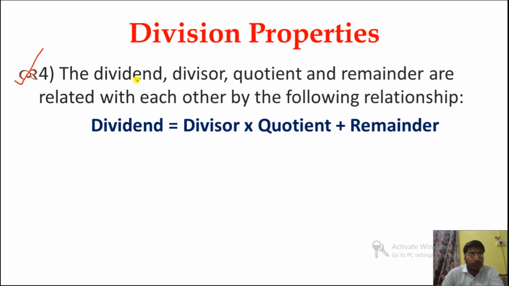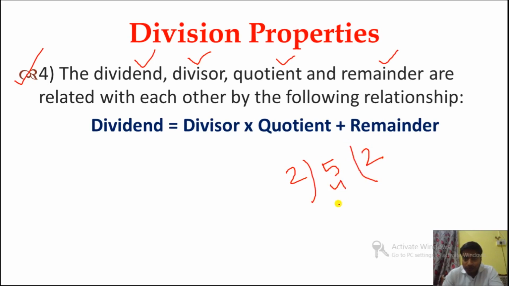Now the fourth one: the dividend, divisor, quotient and remainder are related with each other by the following relationship. First let me tell you what is dividend, divisor, quotient and remainder. Suppose you are going to divide 5 by 2. It will go 2 times, 2 into 2 is 4, when we subtract we get 1.